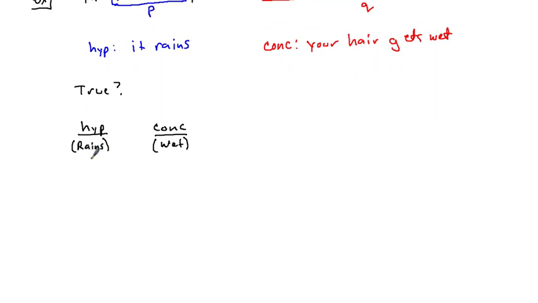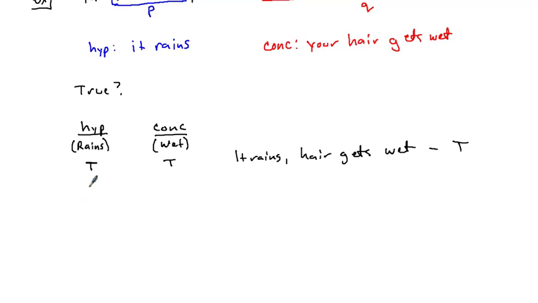So let's assume all the different possibilities. Let's assume that it does rain. In fact, it rains, right? And let's assume that your hair does get wet. It rains, hair gets wet. Well, if it rains and your hair gets wet, then that's true. That's a true statement. It happened.